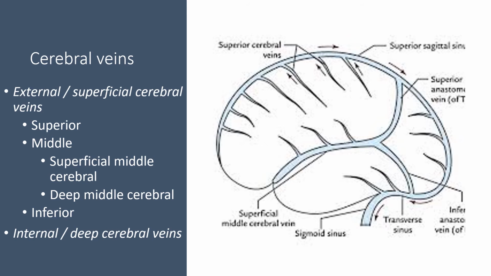They are named as the superficial middle cerebral vein and the deep middle cerebral veins. The inferior cerebral veins are many in number, but they are relatively smaller in size. They drain the inferior surface and the lower parts of the medial and the superolateral surfaces of the cerebral hemisphere.